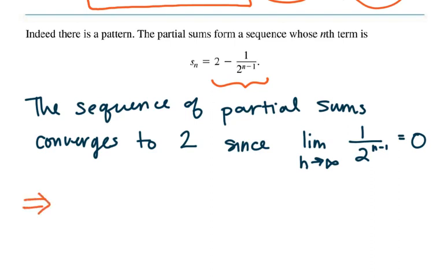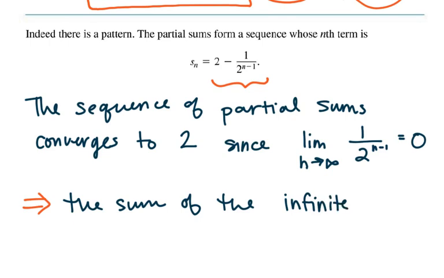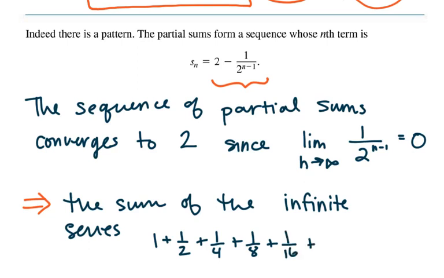So what we can say here, the sum of the infinite series, not a partial series, but the infinite series, which would be 1 plus 1/2 plus 1/4 plus 1/8 plus 1/16, going all the way on to plus 1 over 2 to the n plus 1, that sum is going to equal 2.